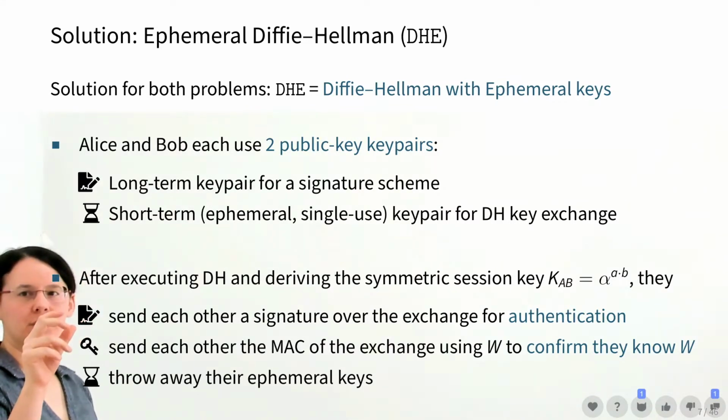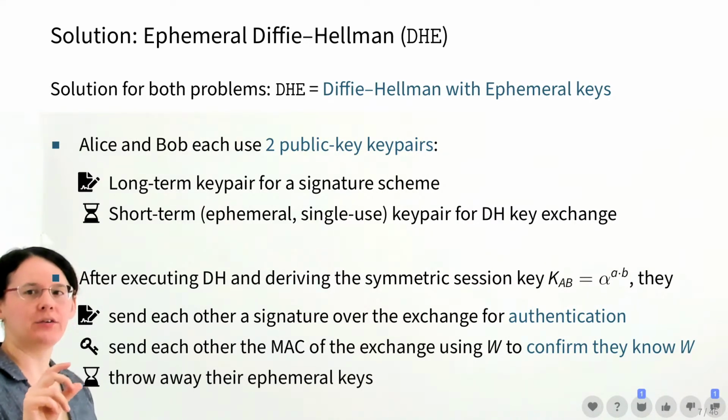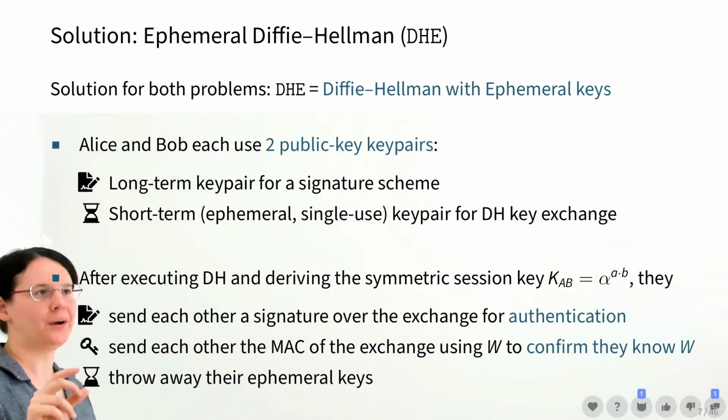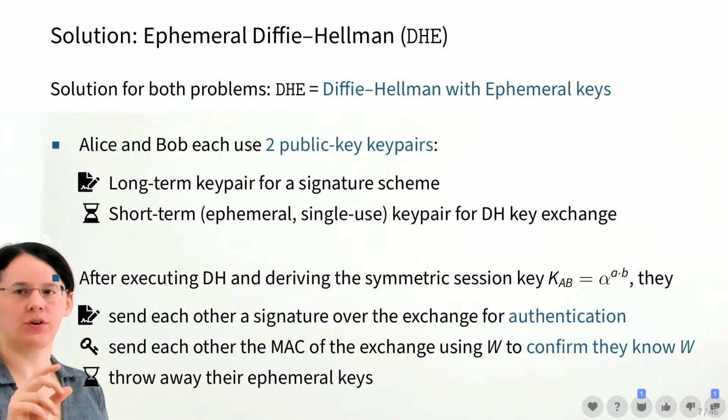And what does it help to have this temporary key? Well, just after establishing your new session key with Diffie-Hellman, you can simply throw away the private keys. If you throw them away, they can't leak anymore, so long as you delete them safely. And you won't need them anymore because the next time you try to talk, you just come up with a fresh private key.